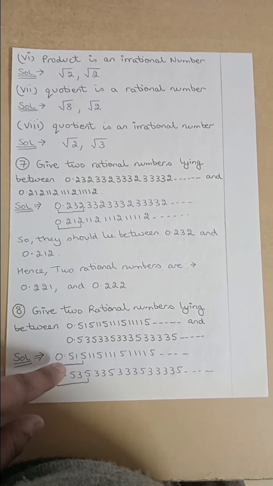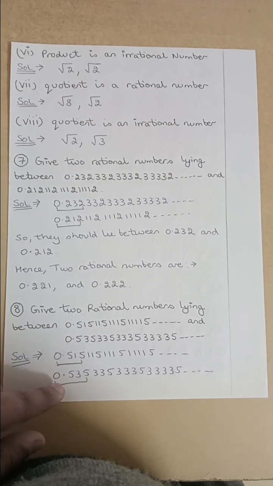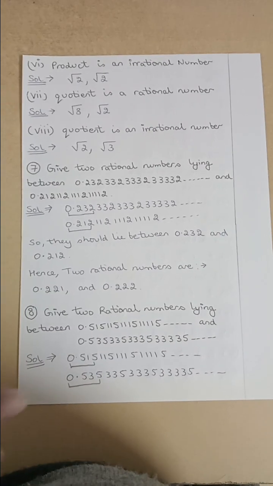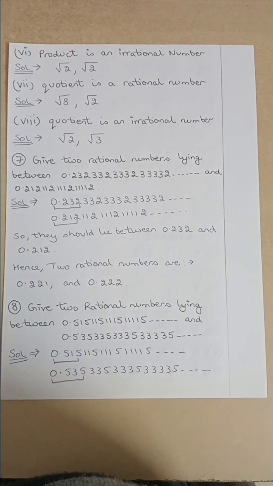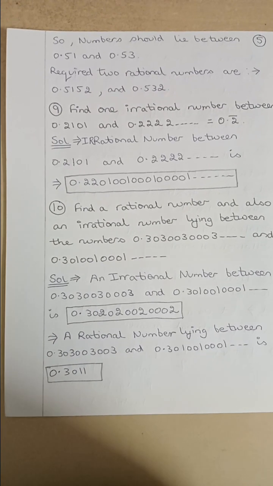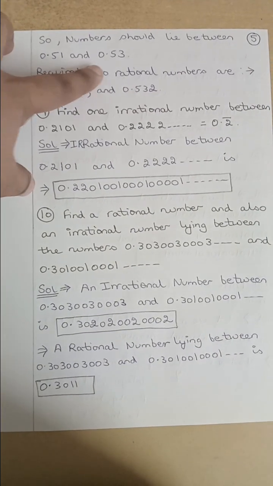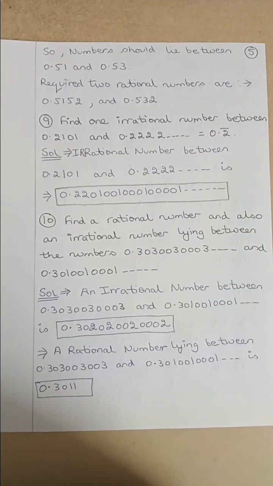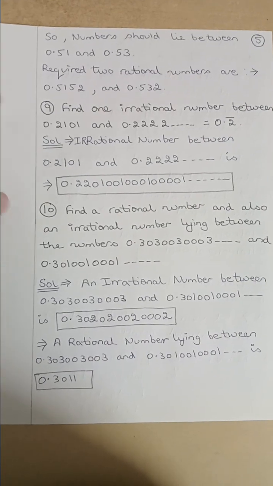So we can see the first digits are 0.5 and, for the second one, 0.535. So the numbers should lie between 0.51 and 0.53. Required two rational numbers are 0.5152 and 0.532.